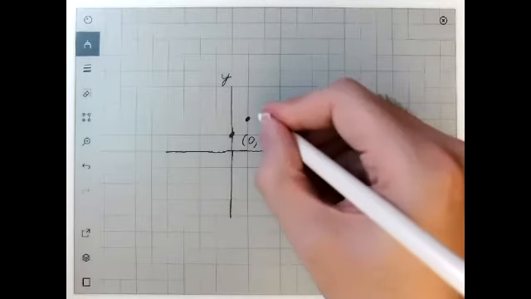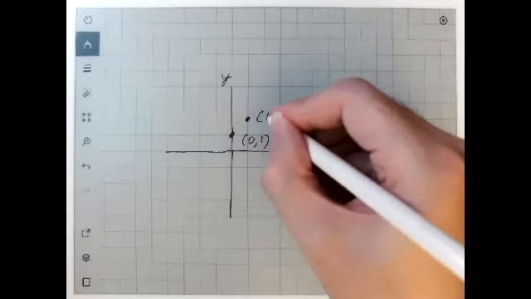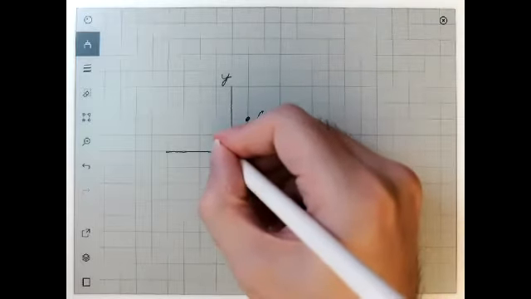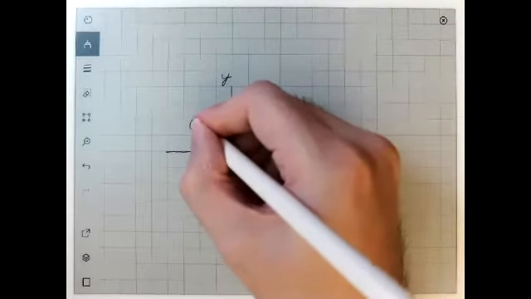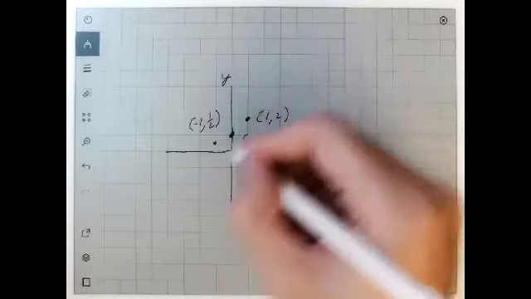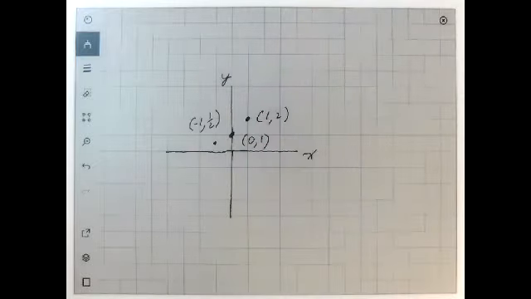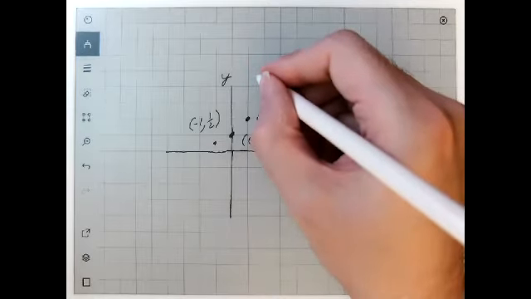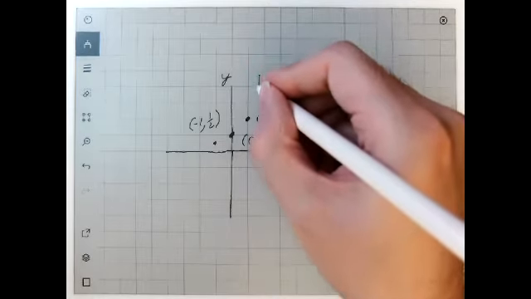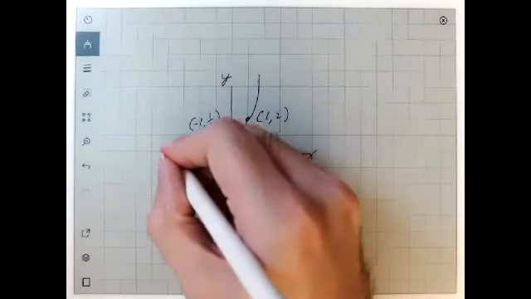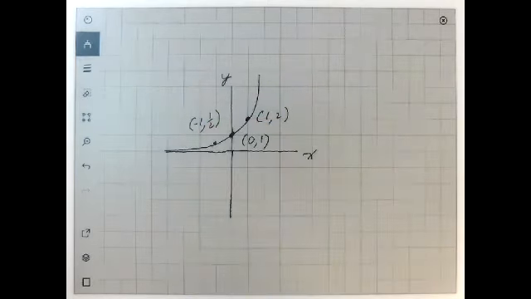We said we were going to go through the points 0, 1, and 1, 2. I'll also mark in here we had negative 1, 1/2. That one's reasonable to plot. And just like with vertical asymptotes, where you get closer and closer to a vertical line without touching it, in a horizontal asymptote, you get closer and closer to a horizontal line without touching it.